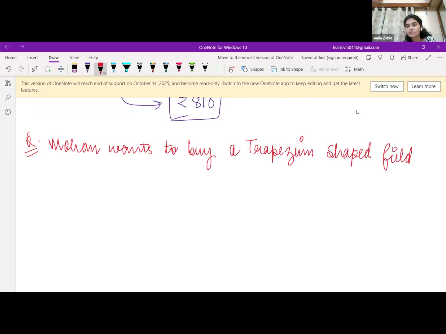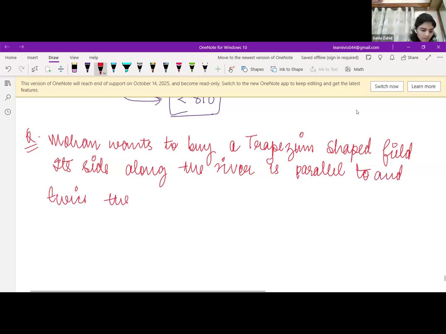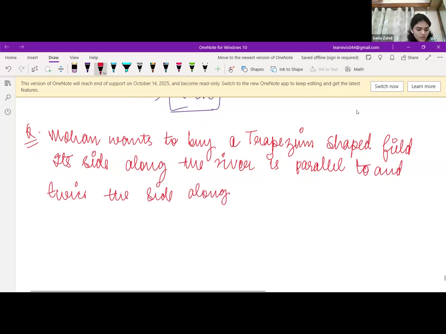Its side along the river is parallel to and twice the side along the road.